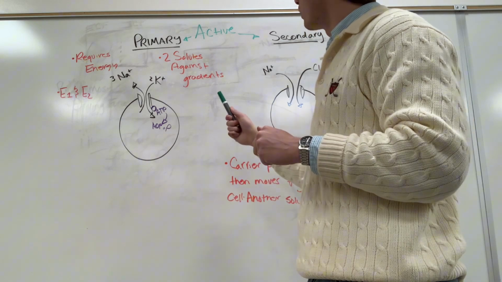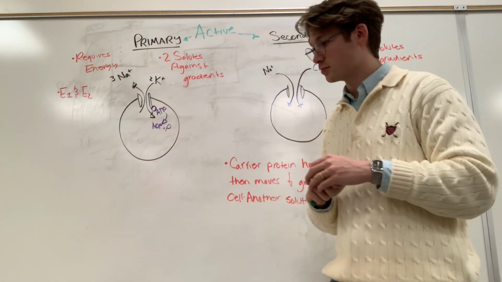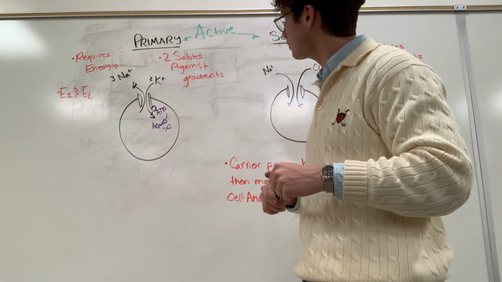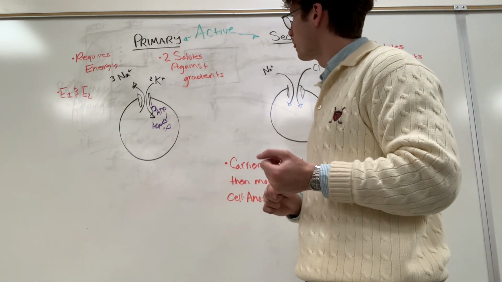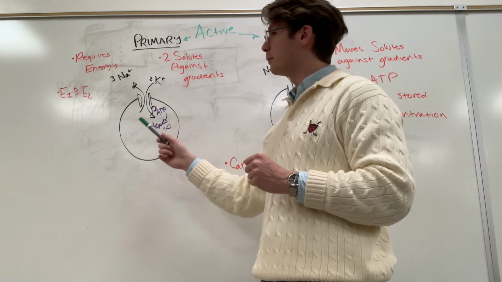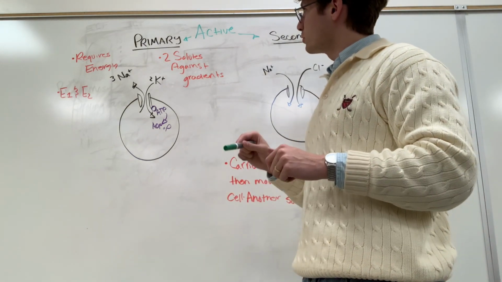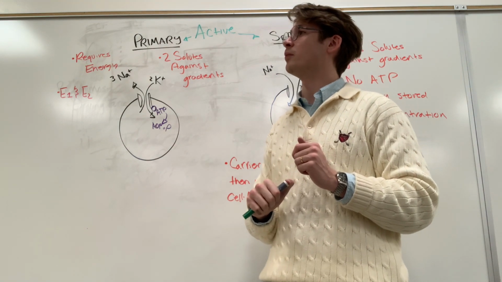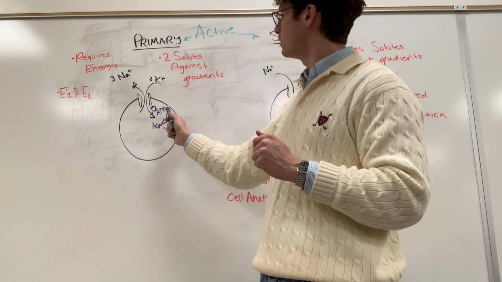So for primary, one of the most important pumps that are classified under primary transport would be the sodium and potassium ATPase pumps. Primary active transport requires energy, and we use the energy in the form of ATP.